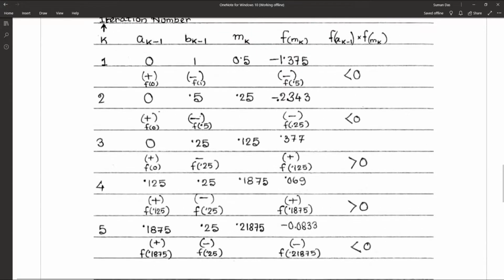Now we are completing the problem using a table. At first I am drawing a straight line, that is our range, 0 and 1.